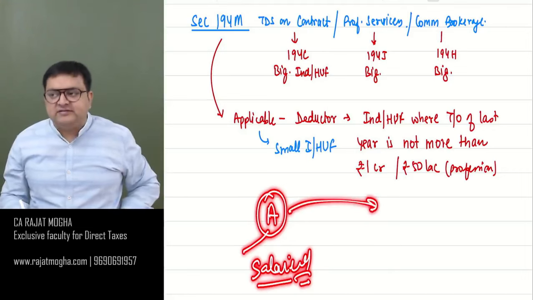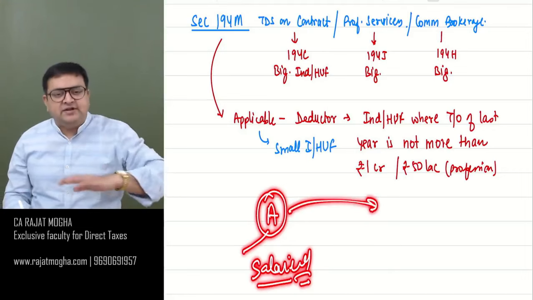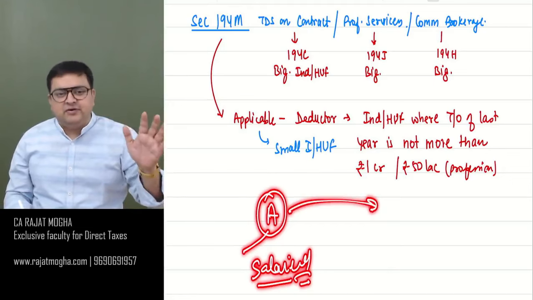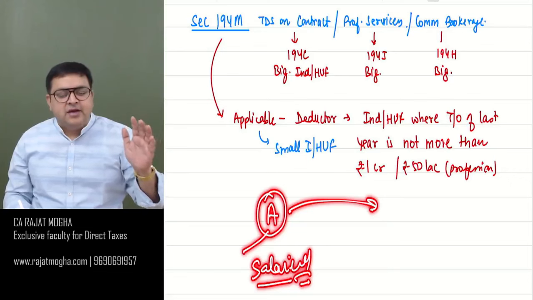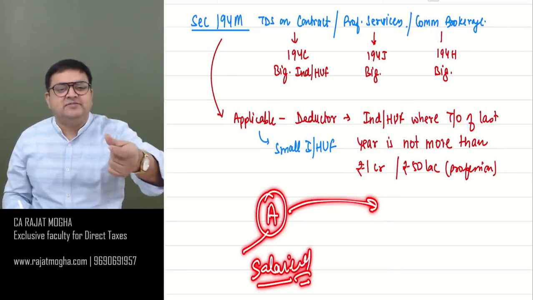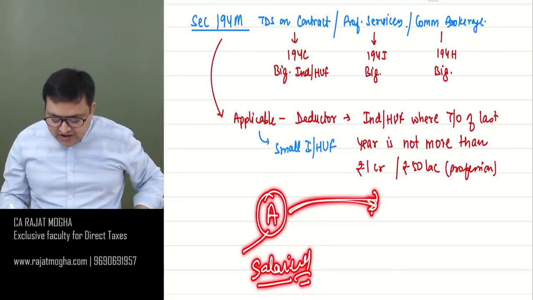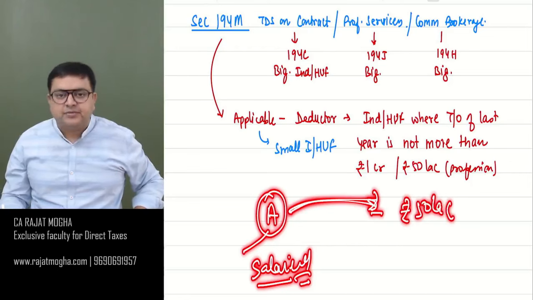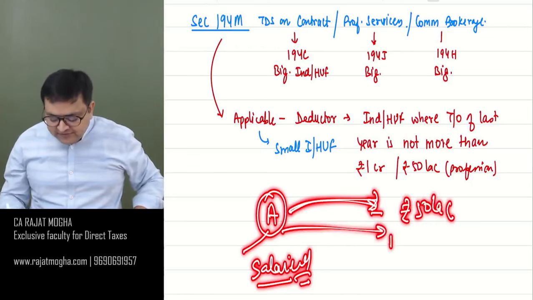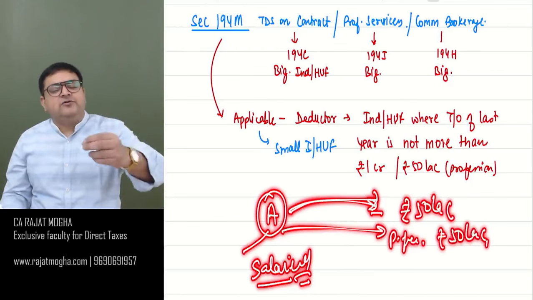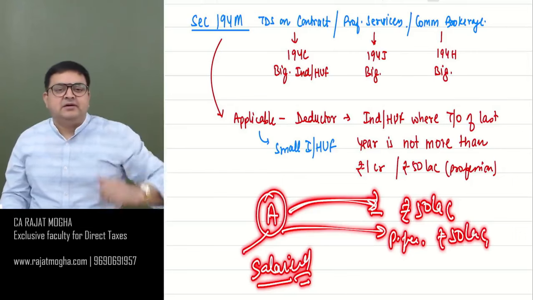Let's say he's a salaried assessee. Or let's say it's a very small business or profession. Less than 1 crore or 50 lakh as the case may be. But the type of transaction which he is making is very significant. It means he is giving a contract to someone which is more than 50 lakh. Or he is giving professional fees to someone more than 50 lakh. Let's say also for personal nature, he is giving professional fees.